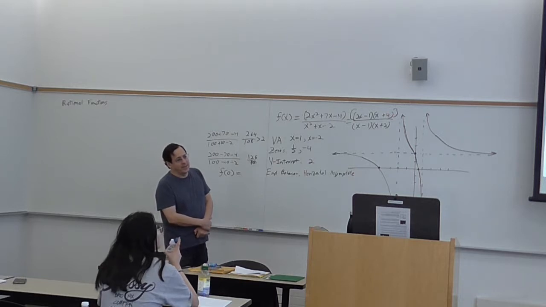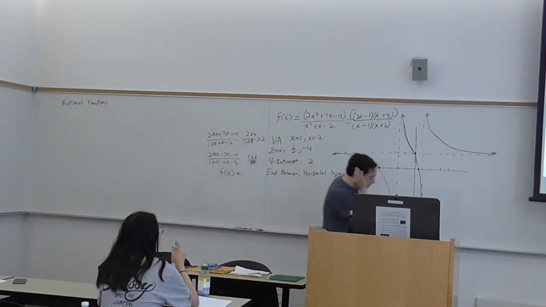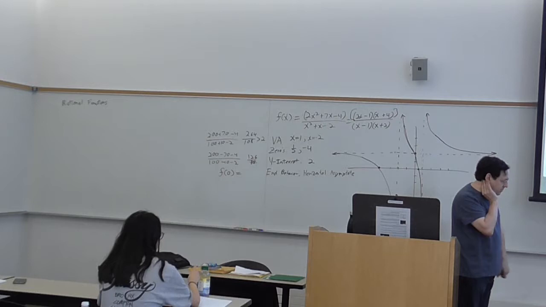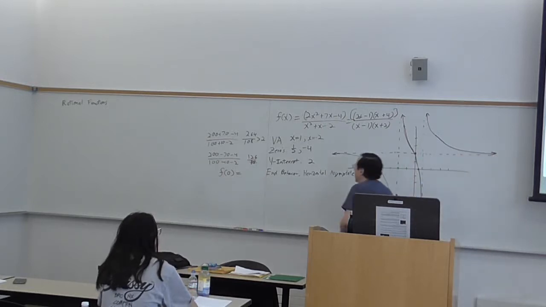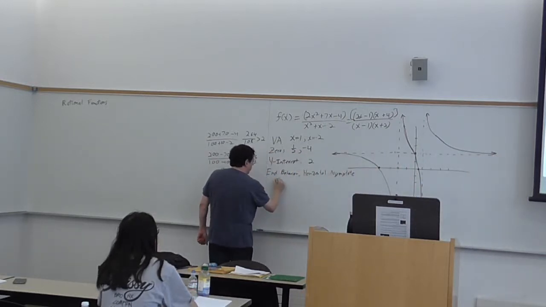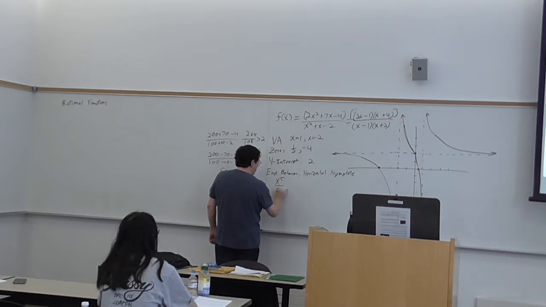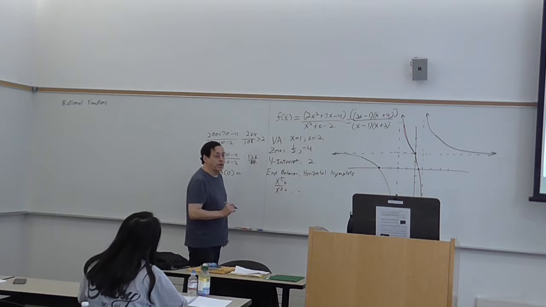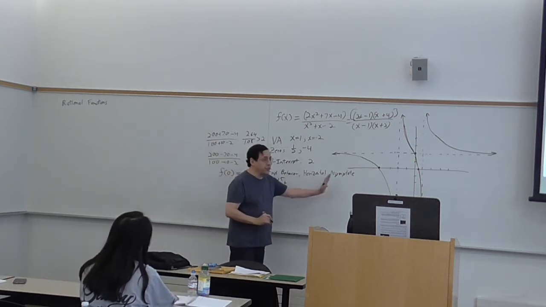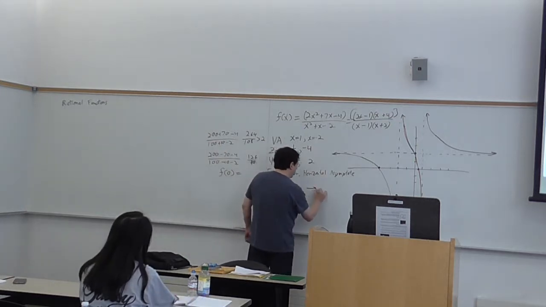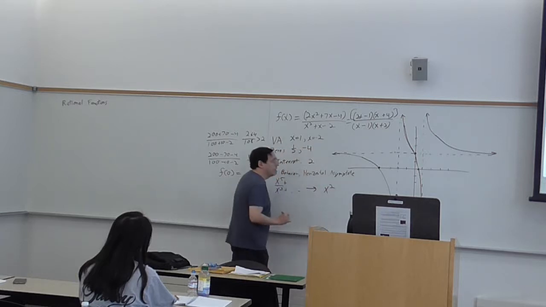Yes? What if it was x to the fifth over x to the third? Okay, that's another case. It's x to the fifth over x to the third plus other stuff. Then in the extremes, this is going towards x squared.